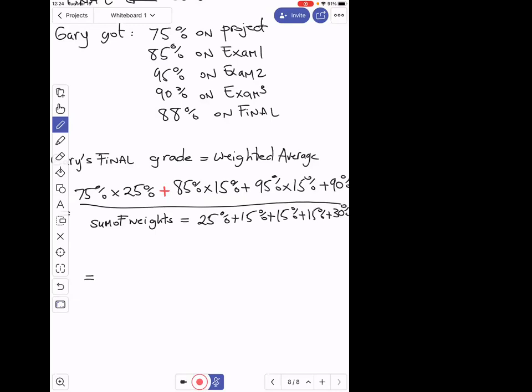Now, guys, you can convert the percentage into decimal. 75% is 75 over 100, so it's 0.75 times 25%, that's 0.25, plus, etc. 85% is 0.85 times 0.15, and so on.